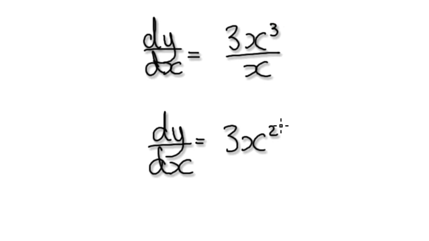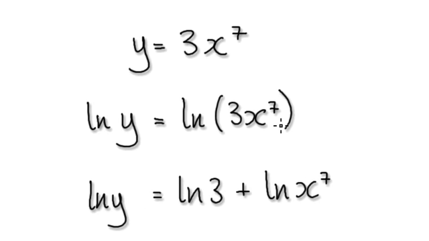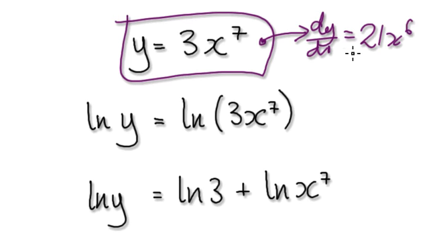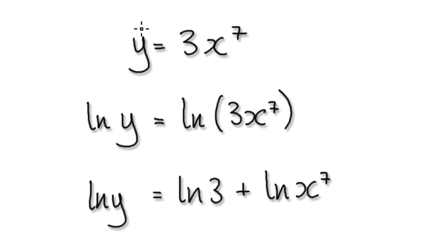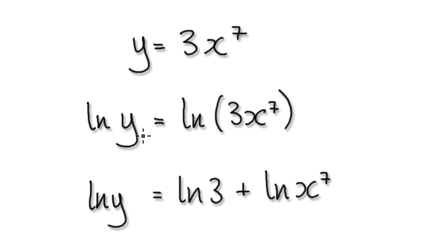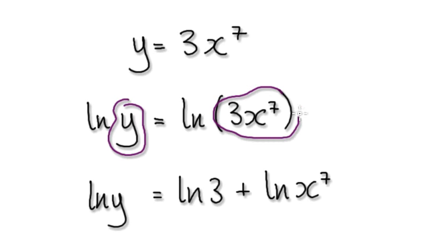So here's another example. Let's say you want to differentiate this. Normally when you differentiate this, dy by dx equals 21x to the power 6. So let's do it logarithmically. Take the natural log of both sides, so that will give you the log of this and the log of this.